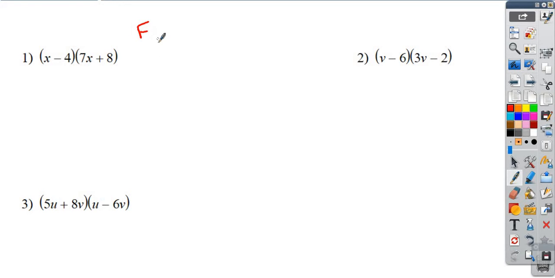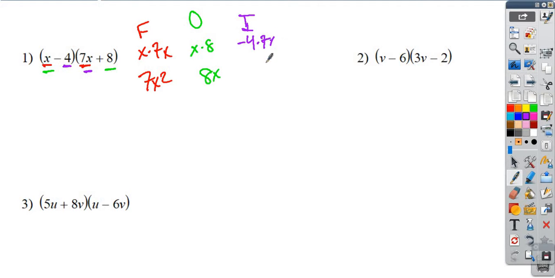The first terms, in this case, would be x times 7x, and that equals 7x squared. The outside terms would be x times 8, and that equals 8x. Sometimes some of my students will use this color-coded system like I'm showing you when they're first learning it. It helps visualize a little bit better. The inside terms, negative 4 times 7x, and that's negative 28x.